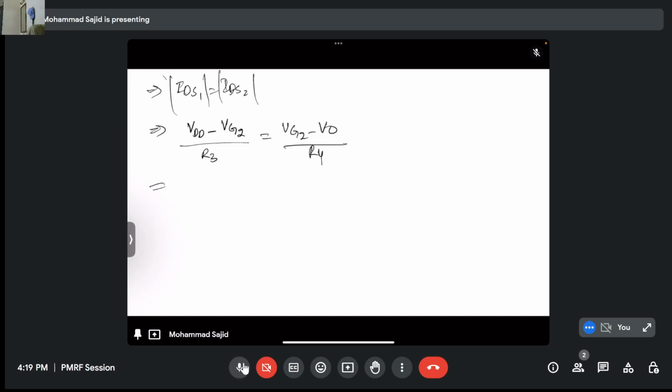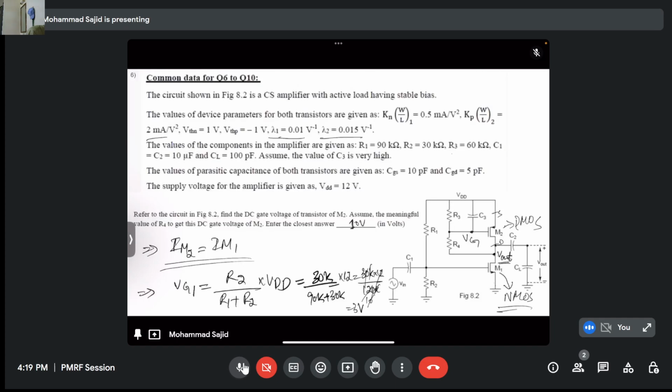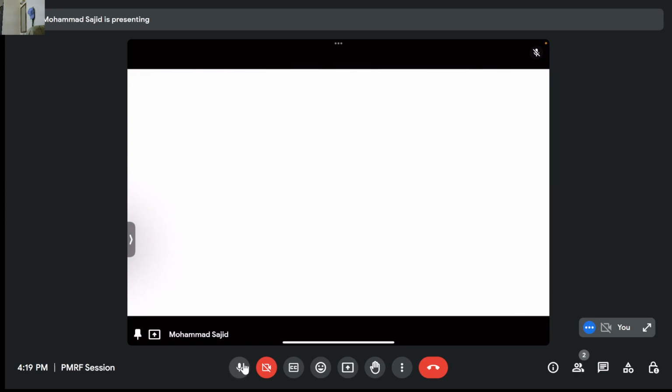VDD is 12 volt minus VG2 is 10, R3 is 60K, and R4 we have to calculate.